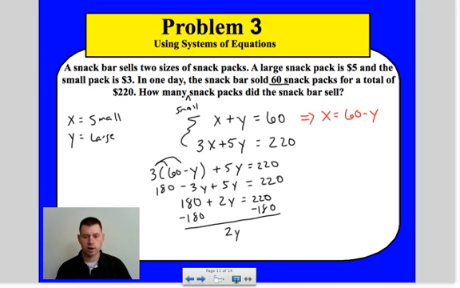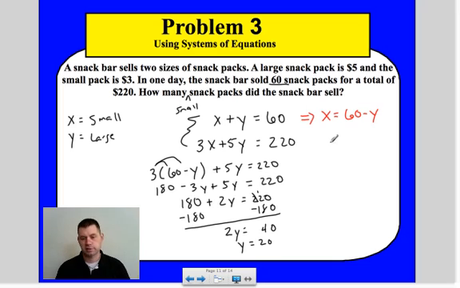That gives us 2y equals 40, and y equals 40 divided by 2, which is 20. So that means we sold 20 large snack packs.